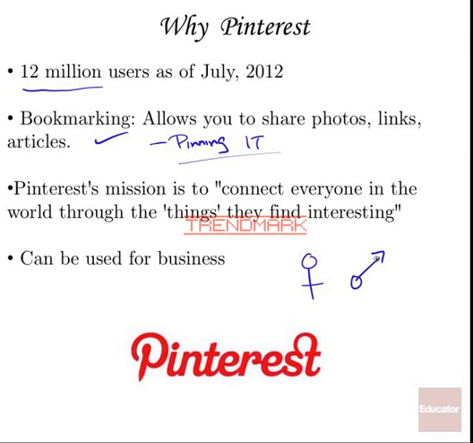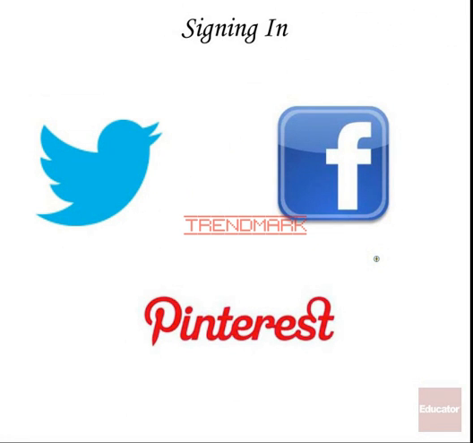So let's go to the next slide and talk about the signing in process. We're also going to go to the browser as well. Before we can sign in, obviously the thing to do is create an account. Pinterest has the most unusual method of creating an account that I've ever seen in any high-profile website.